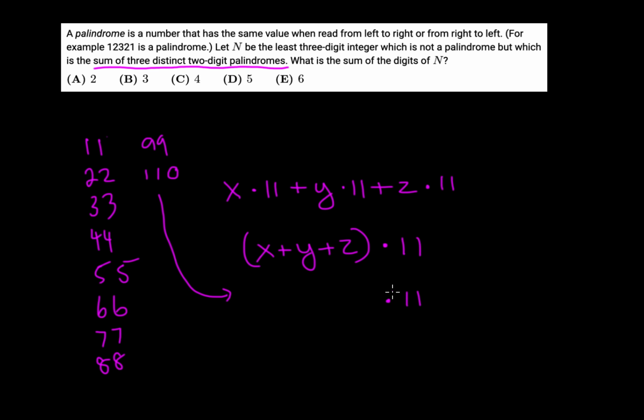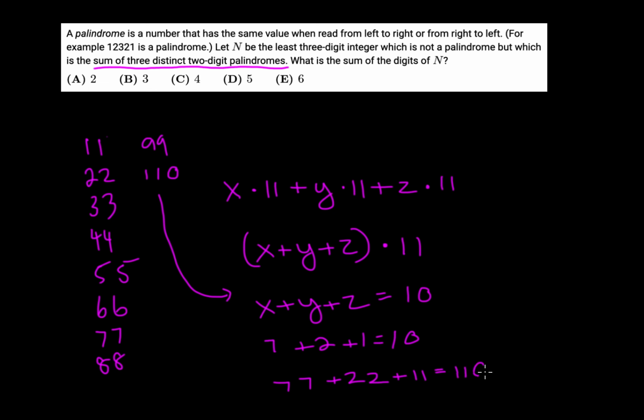Because 110 is 10 times 11, so x plus y plus z has to equal 10. So in this case, 7 plus 2 plus 1 equals 10, so it would be 77 plus 22 plus 11 equals 110. And if you were to verify that, you would see that that's correct.